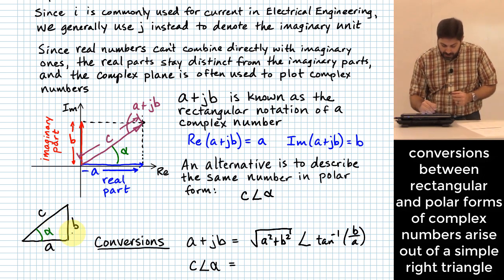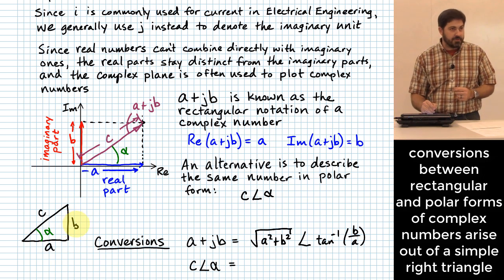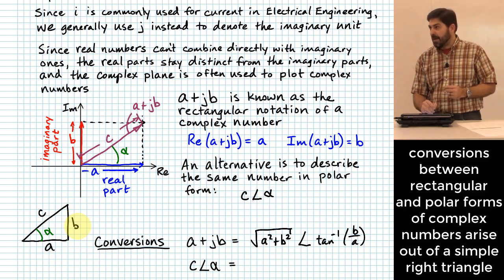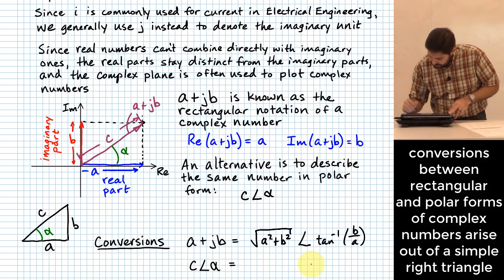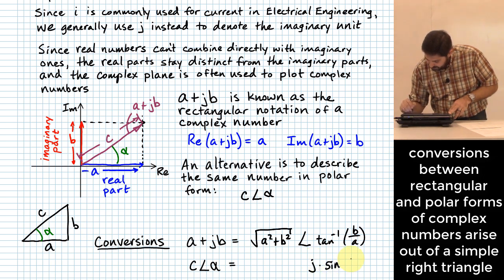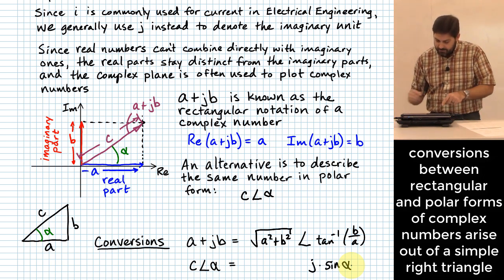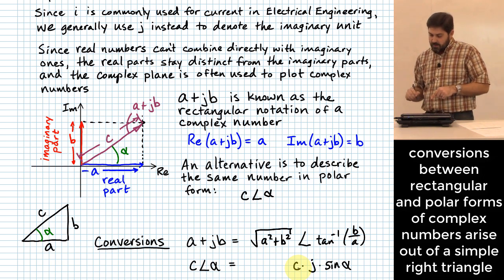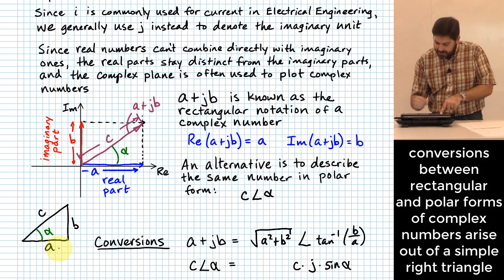But what direction is that opposite side? Is it along the real direction, or along the imaginary direction? Imaginary. So we should have J times the sine of alpha, times C. What about the A side?